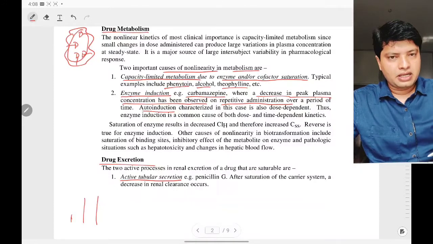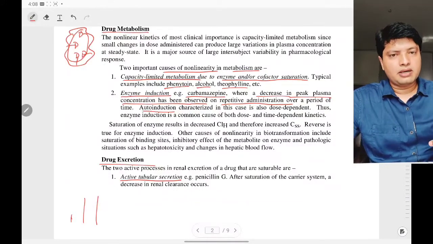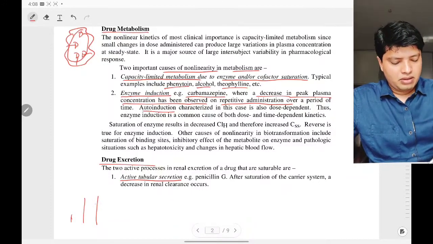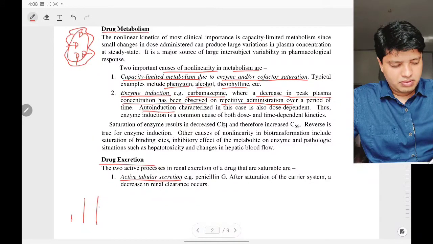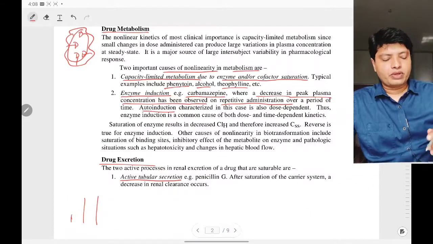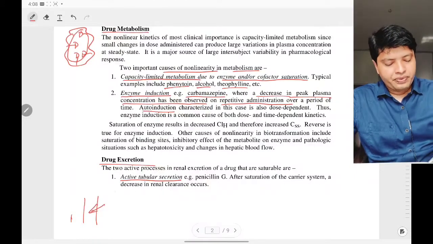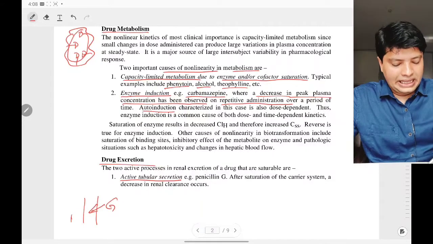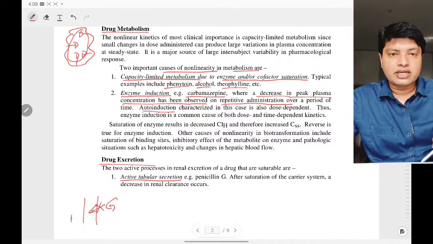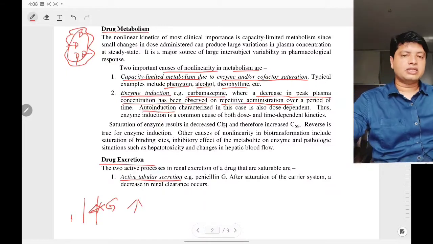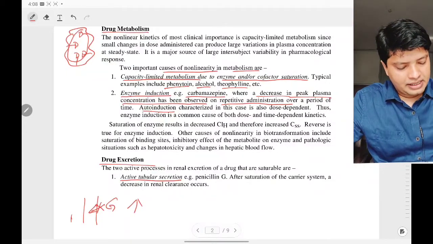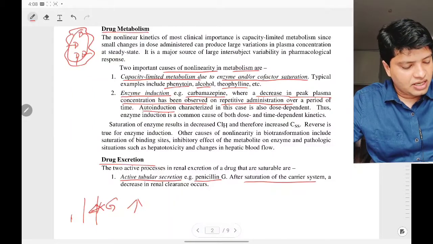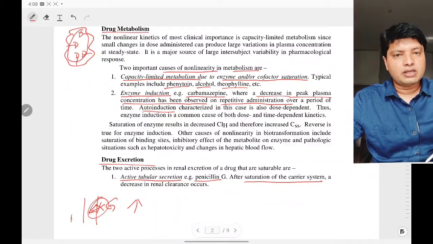We have tubules in the nephron. Here the drug is actively secreted in the tubules. When this active secretion gets saturated, the plasma drug concentration increases. See here, the example is penicillin G, after saturation of the carrier system in tubular secretion.